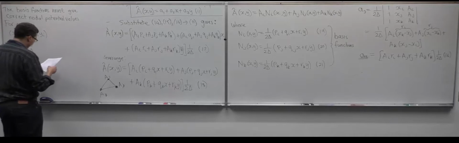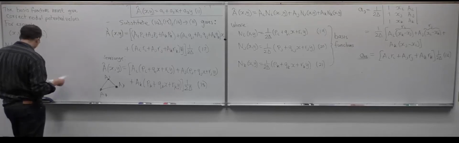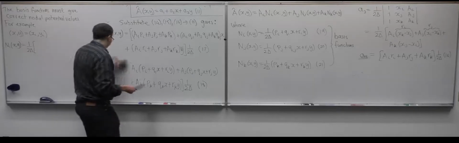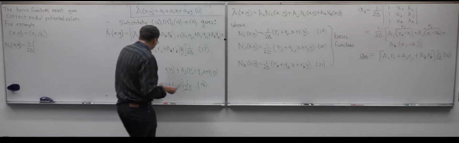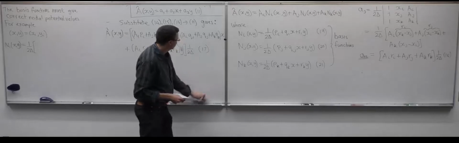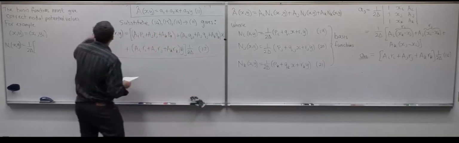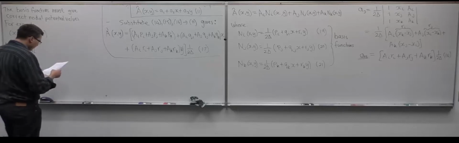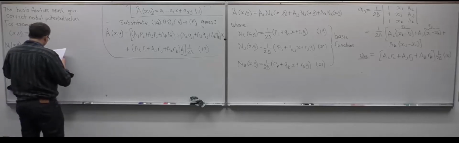Ni is equal to 1 over 2 delta times... I'm going to run out of space here. I'm going to keep this because we're going to use that again.